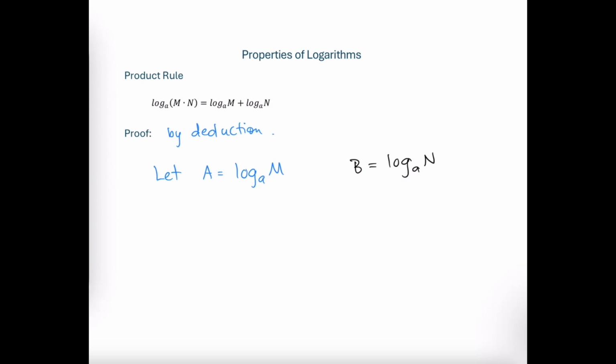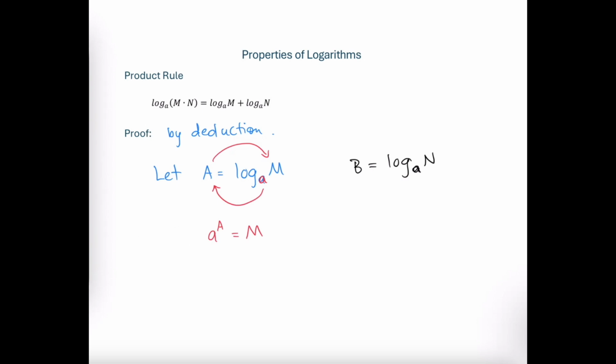Now, as a consequence of this substitution, I get a different substitution for free, which is that lowercase a raised to the cap A as a power is going to be giving me the argument of this logarithm, right? Because of this that we have let cap A be equal to, we also get that lowercase a raised to the cap A power is equal to m.